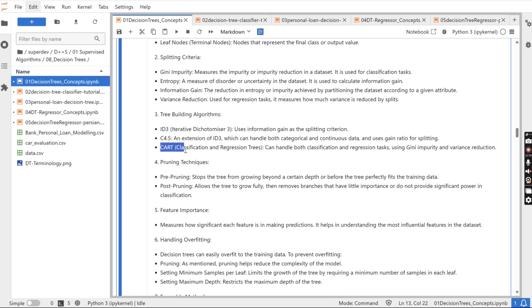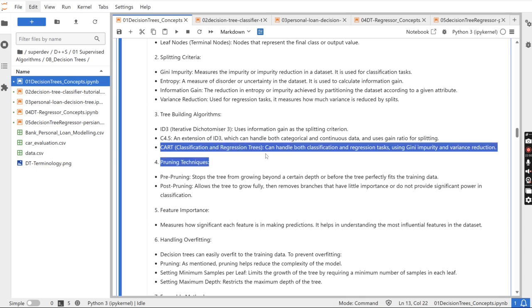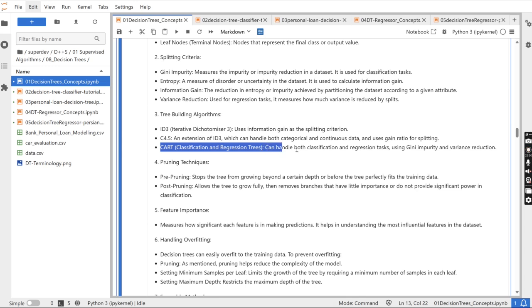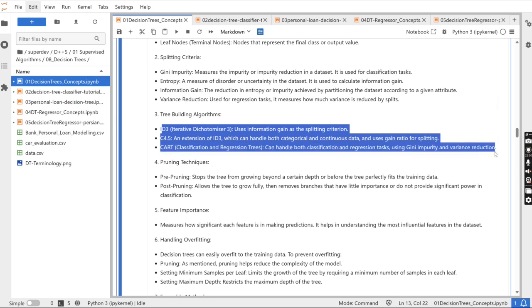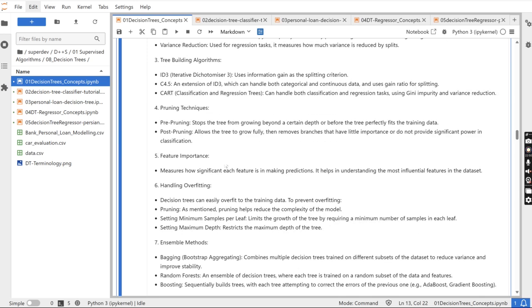The next iteration is CART, classification and regression trees, so they can handle both. Actually CART is the latest version of decision trees. They use Gini entropy for classification and variance reduction for regression tasks. These are the various older versions of decision trees.